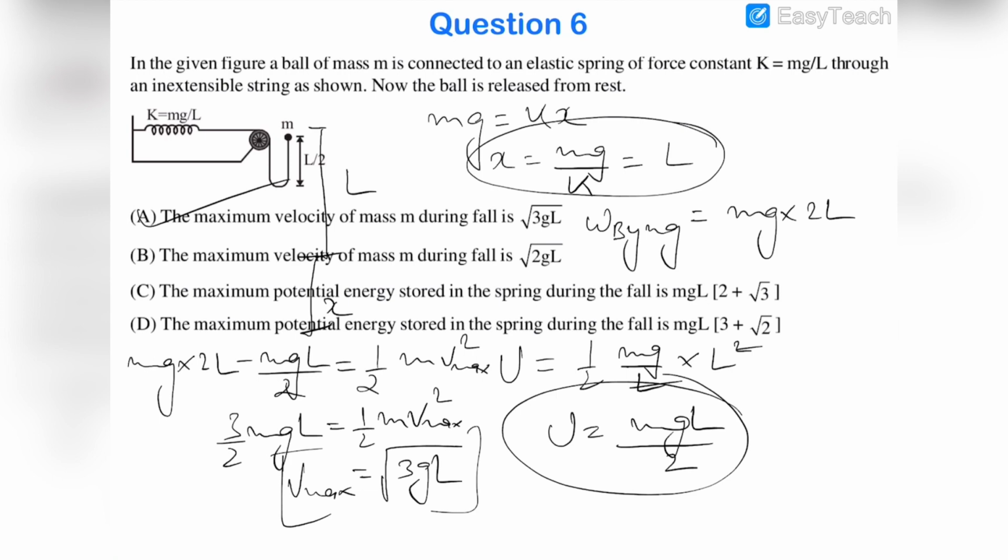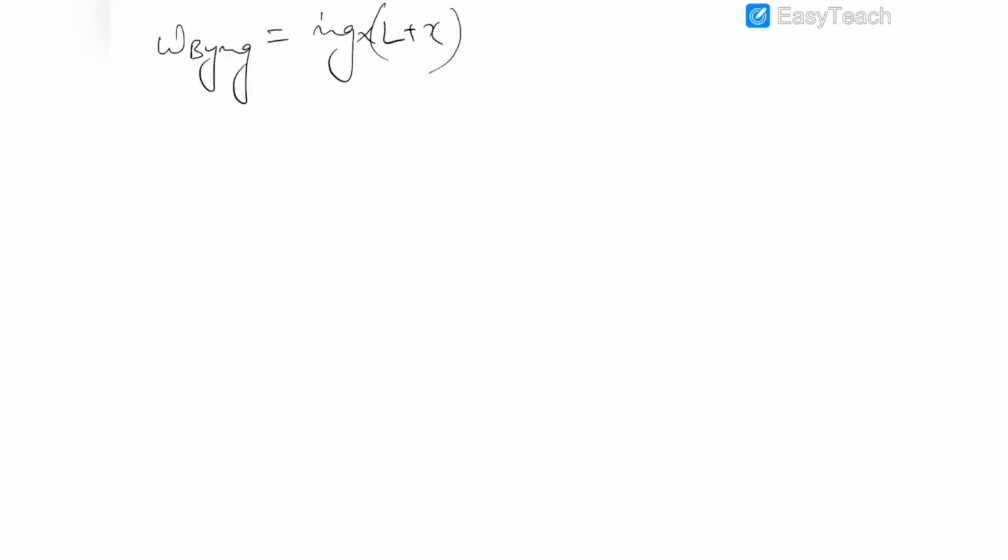So we can say that at that moment the work done by mg would be equal to mg into L plus x. Let's suppose that the maximum extension is x, and the spring has also been stretched by x.